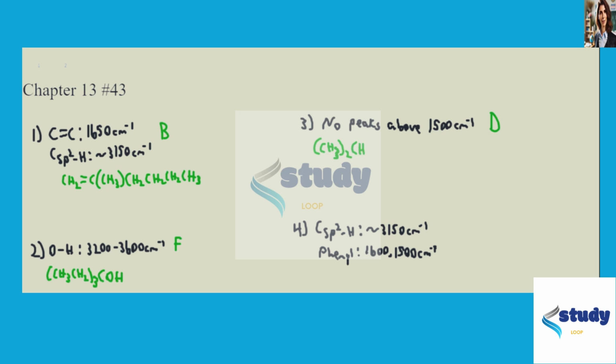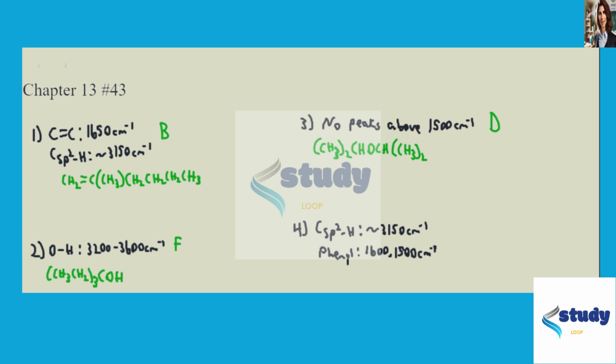Actually, I was wrong. D has an ether in it. But of course, the ether bond does not give rise to an IR signal. So it does have that ether functionality, but that's not going to show by IR. That's still the correct answer here. So spectrum 3 is D.